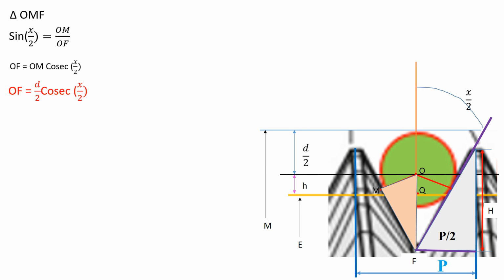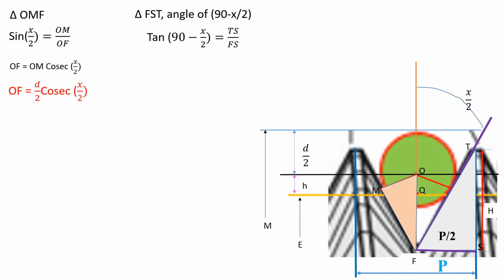Similarly, I have to observe one more triangle. Another right angle triangle is forming, that is the triangle FST, with an angle of 90 minus x by 2.